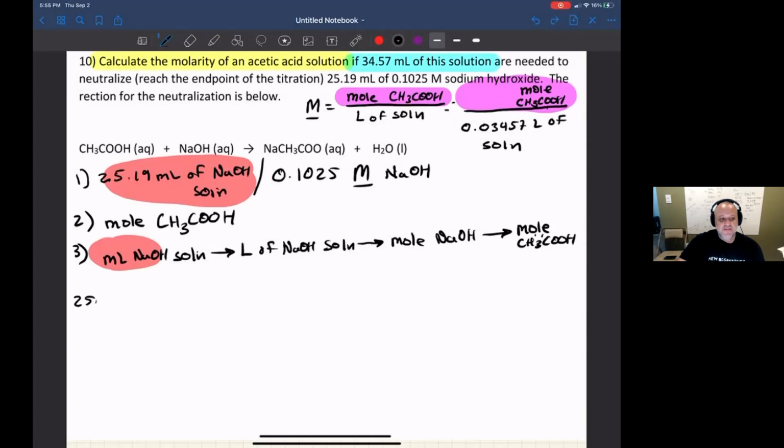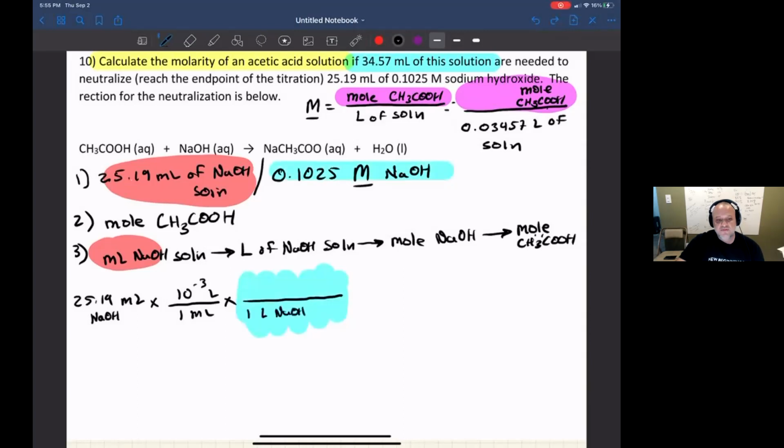So let's put it together. It was 25.19 milliliters of the sodium hydroxide solution. Let's convert that to liters. And now here is where we use that molarity. The molarity will go here. 1 liter of solution was 0.1025 moles of sodium hydroxide. Now the stoichiometry from the chemical equation.